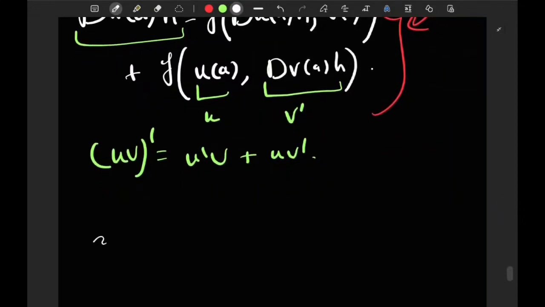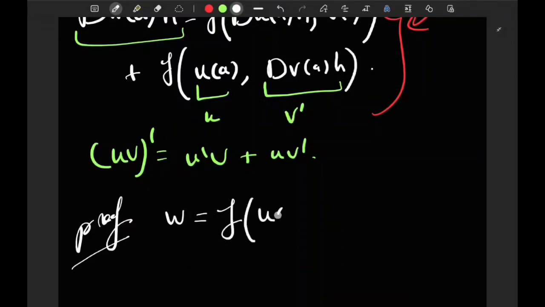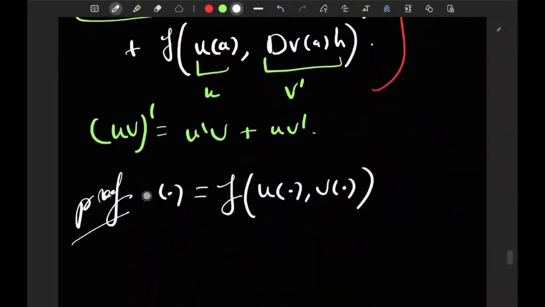The proof is rather easy. We're looking at the map W, which is equal to f of u(·), v(·). So what's this map W? What are its true colors?